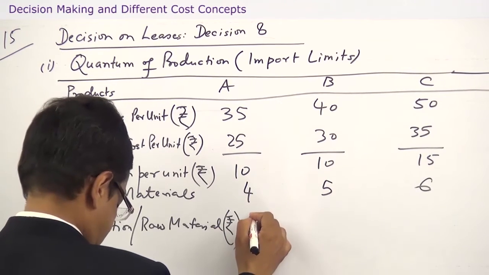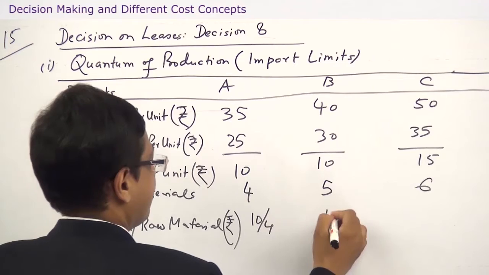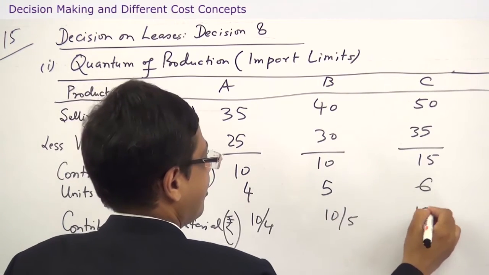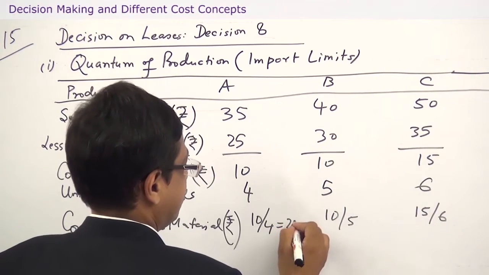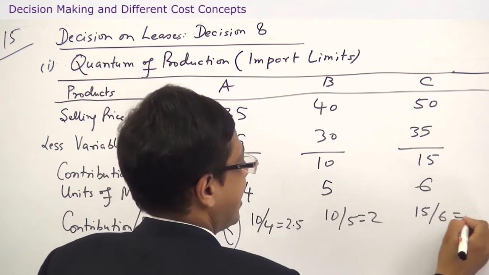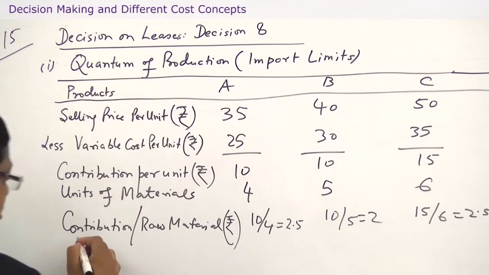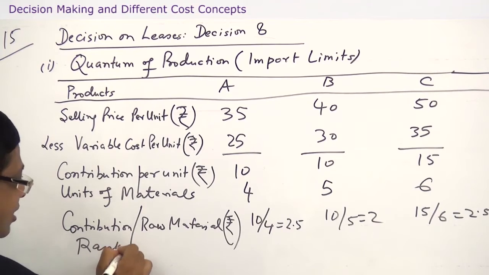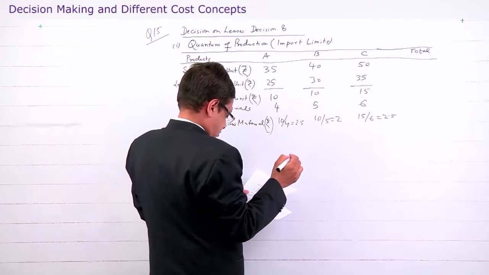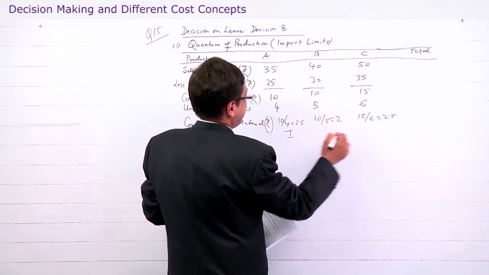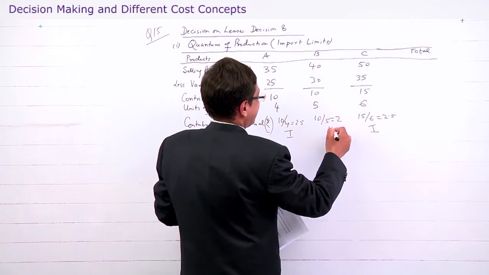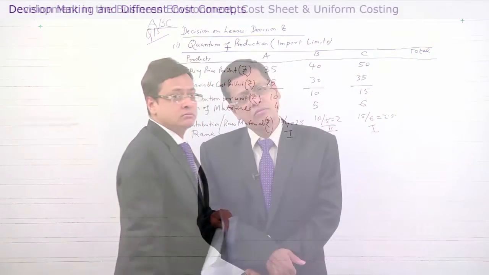Here it is 10 by 4, 10 by 5, 15 by 6, that is 2.5, 2 and 2.5. So your rank will be, the first rank goes to A and C and the second rank goes to B.